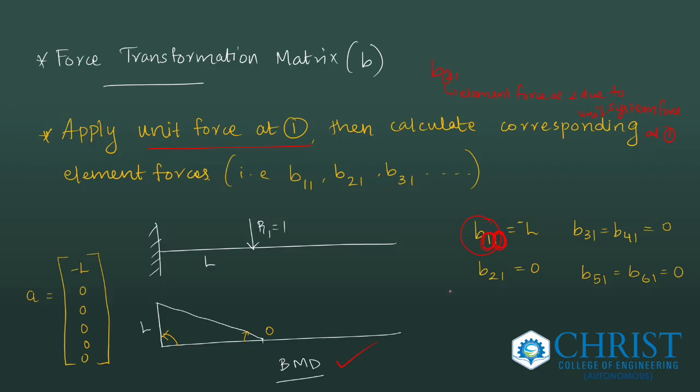In the displacement transformation matrix, we took the displacement values. Here in the force transformation matrix, we will take the bending moment values. Moment is nothing but a force: 1 into L, force into perpendicular distance, is L itself. So L is the bending moment value at this point, and we have to consider its direction.